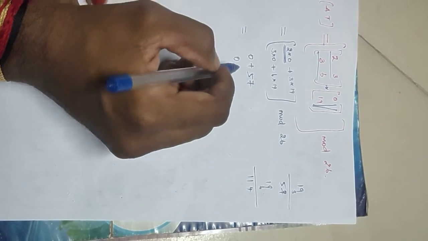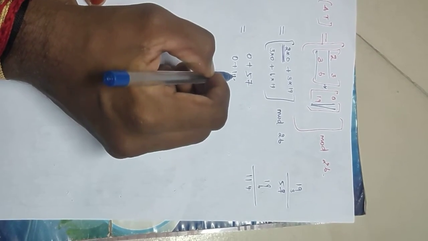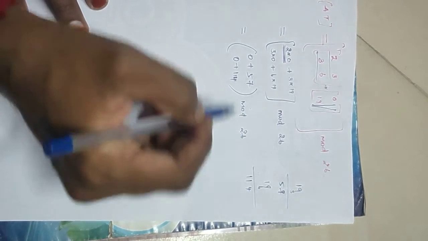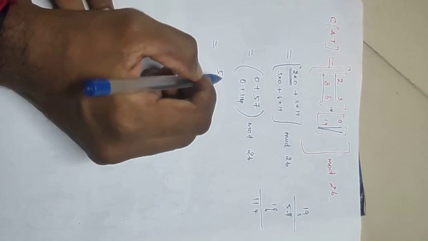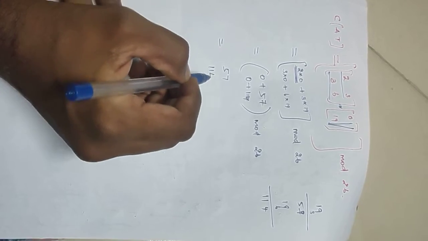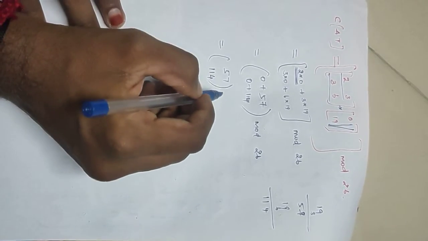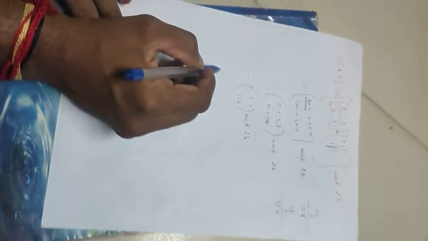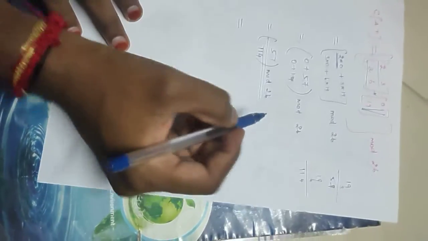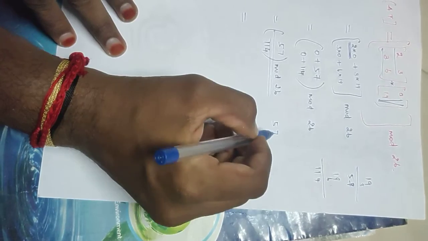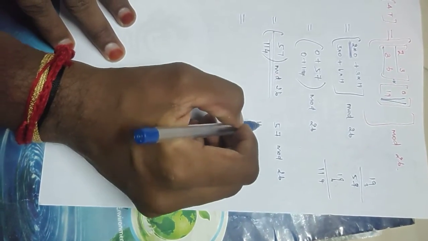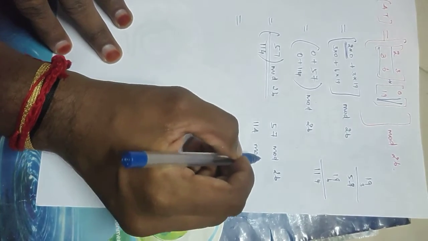So it should be 0 plus 57 and 0 plus 114. We have to take mod 26, which means 57 mod 26 and then 114 mod 26.